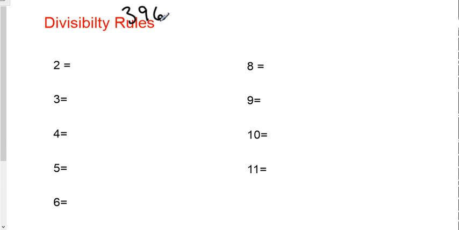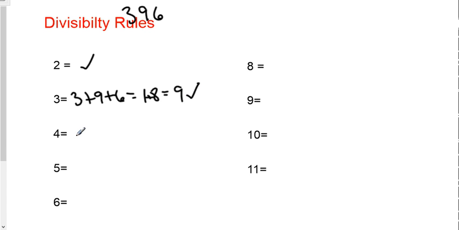It ends in an even number, so yes, it's divisible by 2. Check for 3. Remember, 3 plus 9 plus 6 adds up to 18. Now here's a cool little trick. If you get a two-digit number, you can add those together, and you get 9, which is divisible by 3. So is it divisible by 3?